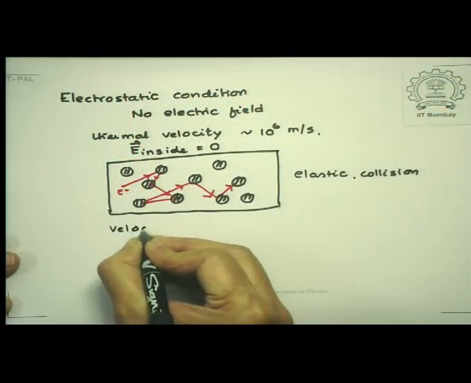Now if you look at a collection of electrons, because of this random nature, the velocities of different electrons are uncorrelated. Let me write it down: the velocities of different electrons are uncorrelated.